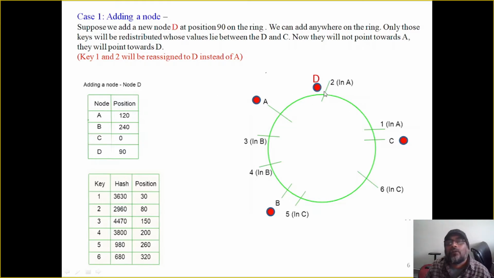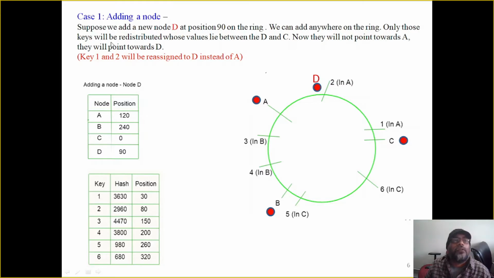So you see here, this is the new node D at 90 degrees. It is shown here in red color, D. So suppose we add a new node D at position 90 on the ring. You can add it anywhere on the ring.